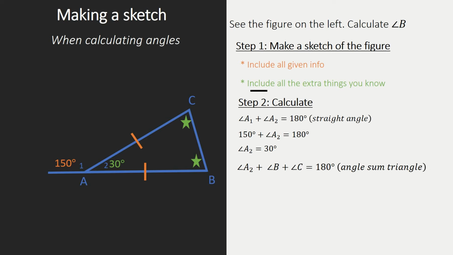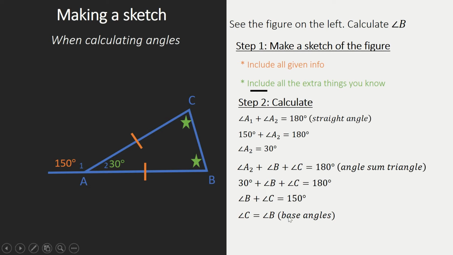Then we know that angle A2 plus angle B plus angle C is equal to 180 degrees because of the angle sum of a triangle. I'm going to fill in all the information I know, so 30 plus angle B plus angle C equals 180 degrees. Angle B plus angle C must be 150 degrees then. We already know that angle C is equal to angle B, since those are base angles, and again, write it down in between brackets.